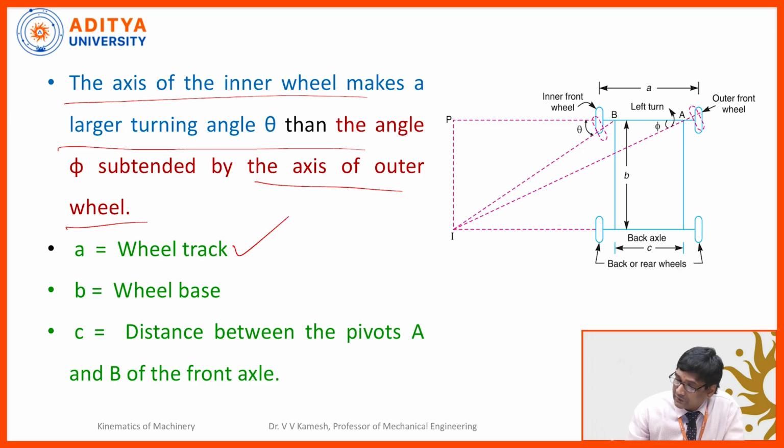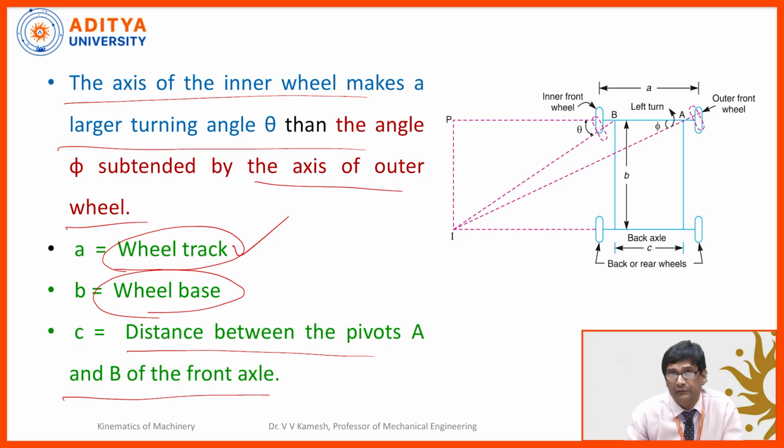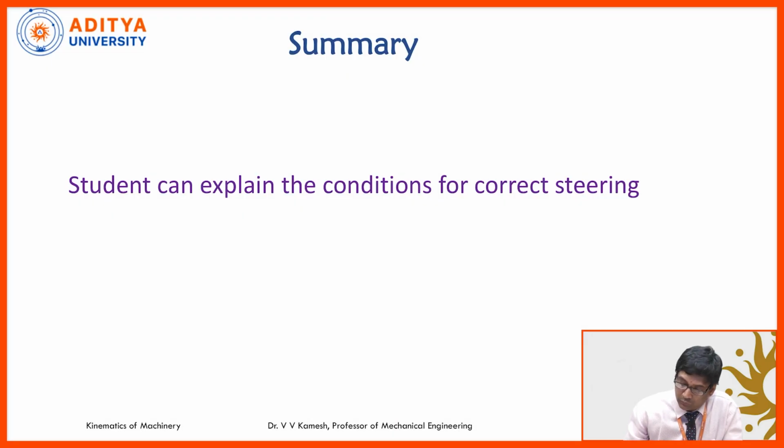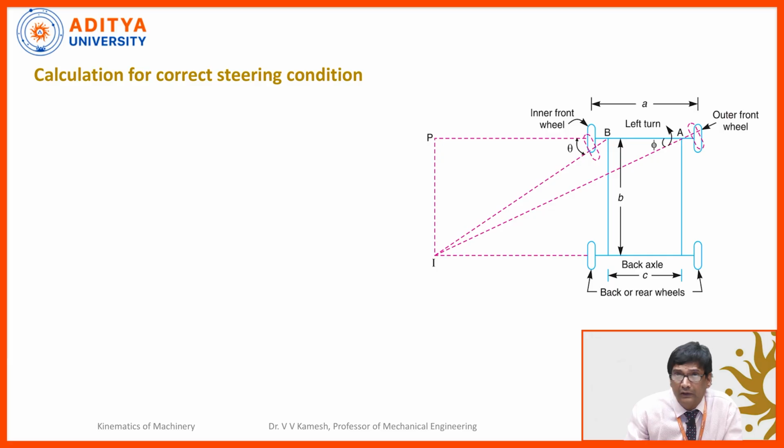The distance between the wheels, we call it the wheel track, is A, and b, the distance between the front axle and the rear axle, we call the wheelbase. And what is c? The distance between the pivots A and B of the front axle, that is the length of the tie rod.